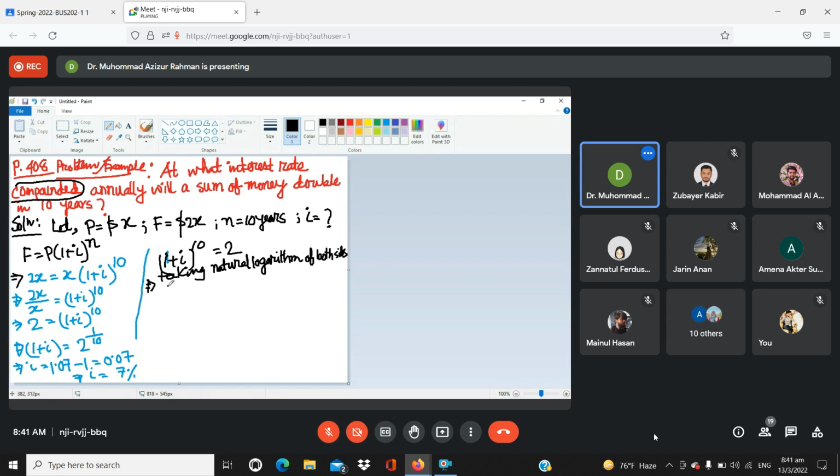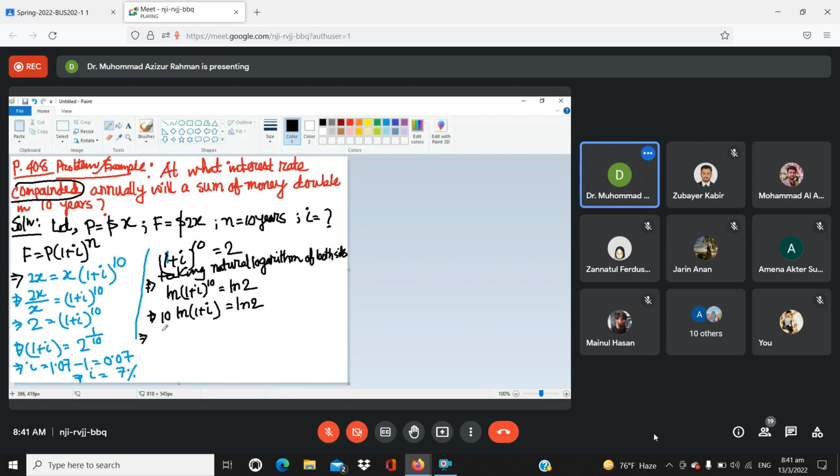That means ln of 1 plus I to the power 10 equals ln 2. According to the formula of ln, anything to the power you can bring in front. So 10 ln 1 plus I equals ln 2.